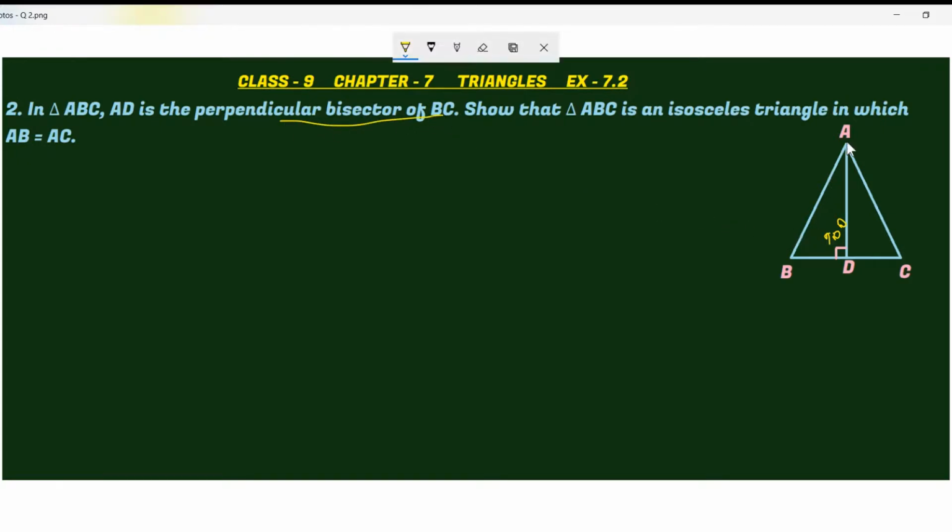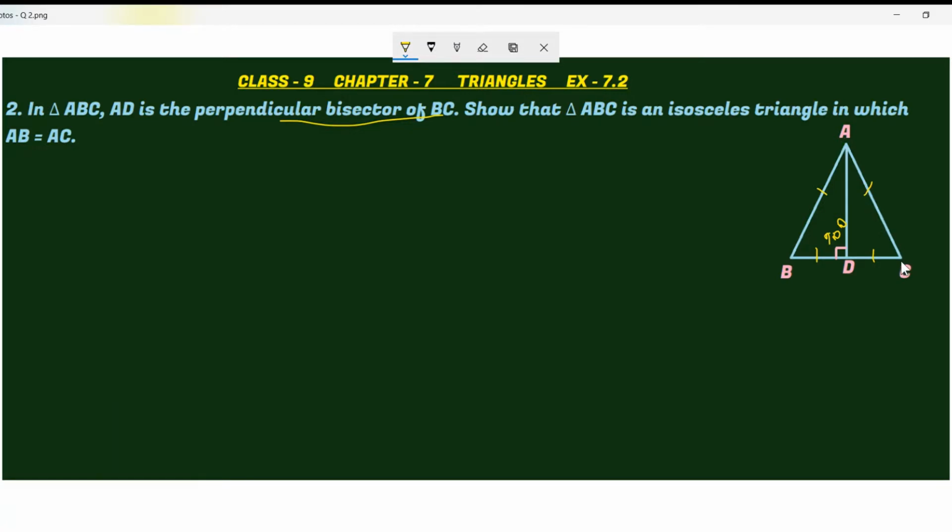So if this is the bisector, then we can say BD is equivalent to DC because AD is bisecting the line BC. We have to prove this ABC is an isosceles triangle in which AB is equivalent to AC. We have to prove these two sides are equal to each other.